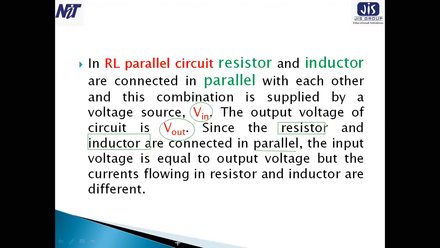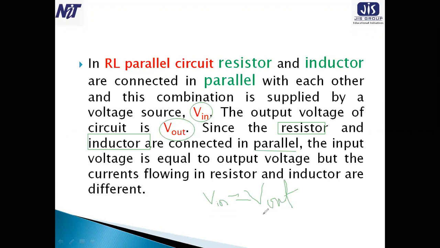On the sending end and the receiving end, both sides, the resistor and inductor are connected in parallel. So using the concept of a voltage source connected in parallel with the circuit, we can easily conclude that the input voltage is equal to the output voltage. The voltage is the same. So V in equals V out.